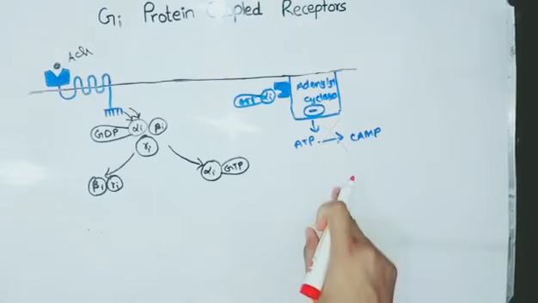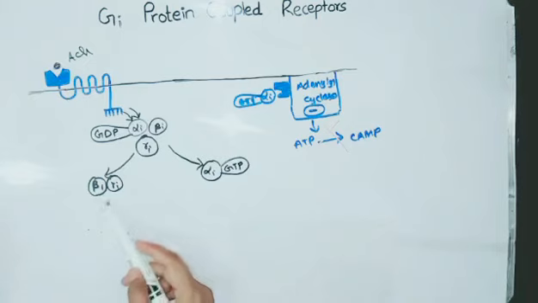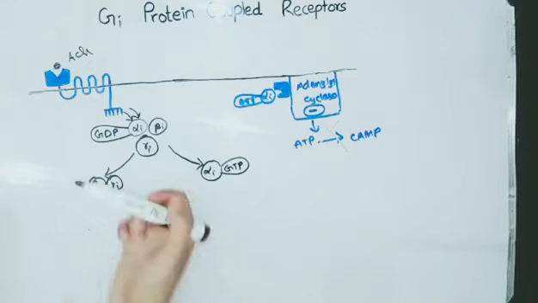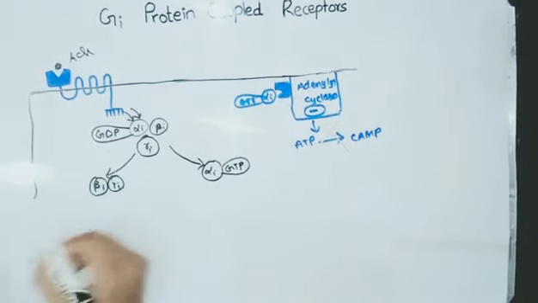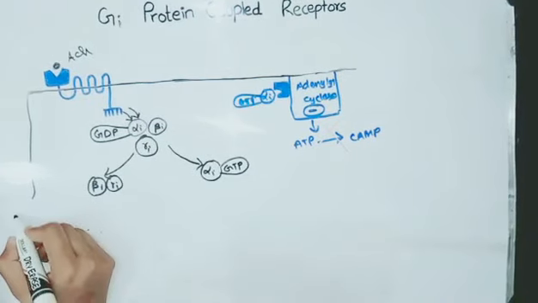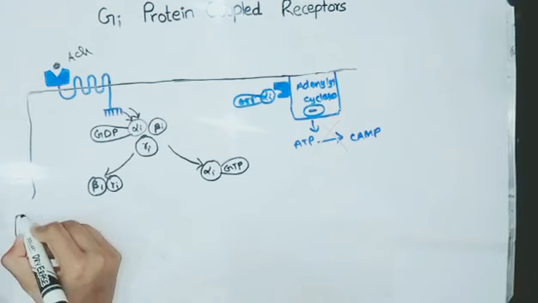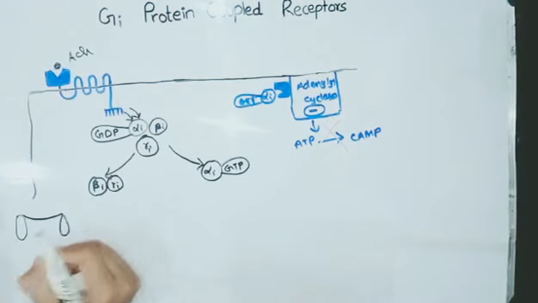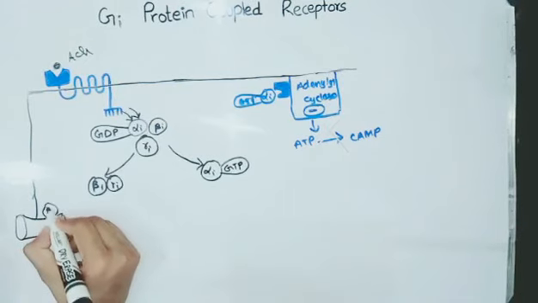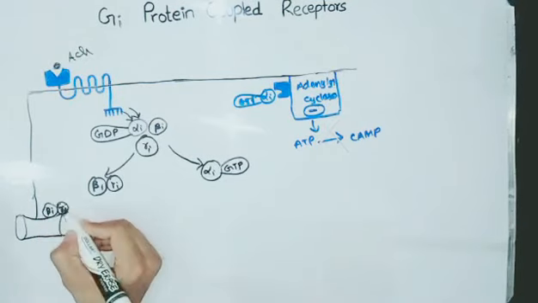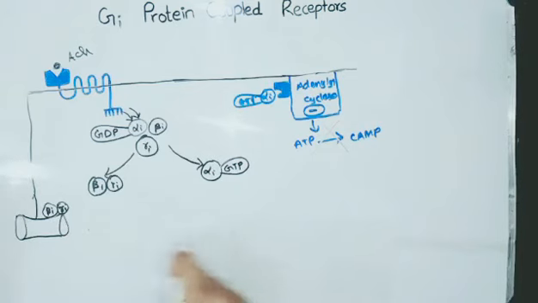So this process here is inhibited right now, whereas the beta and gamma subunits of this inhibitory G protein go to bind with a potassium channel. Here is our potassium channel present in the plasma membrane of the cell, and this beta and gamma subunit comes here and binds to it. And we know that cells are basically bags of potassium, and there is a lot of potassium inside the cell.